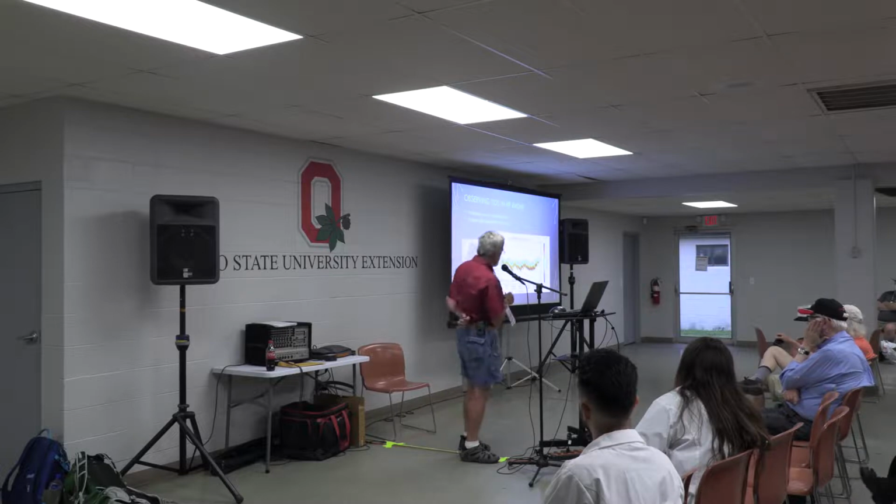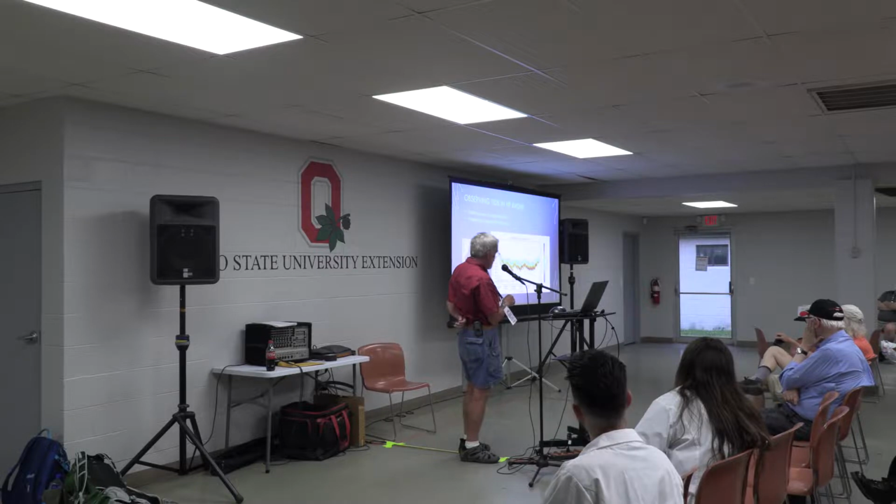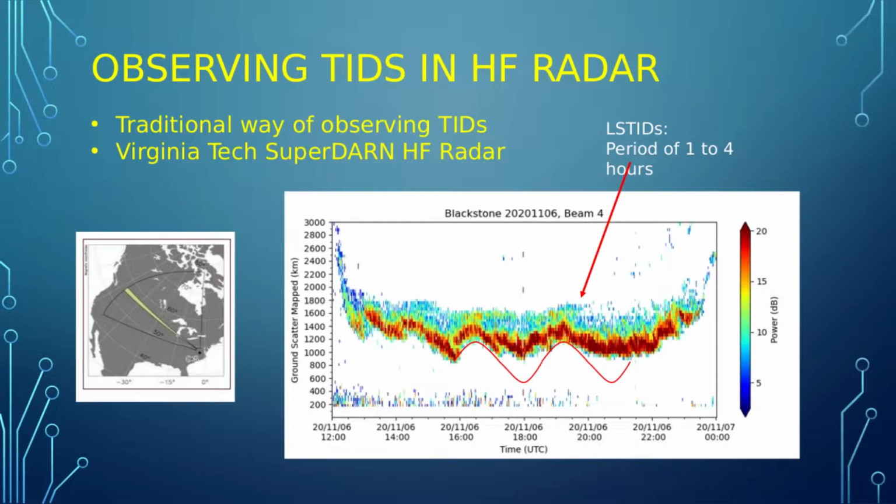So here is a plot from Blackstone. On the y-axis you have the distance, and on the x-axis you have time. So you can see these sinusoidal patterns that were talked about earlier in this data, with a period of 1 to 4 hours.